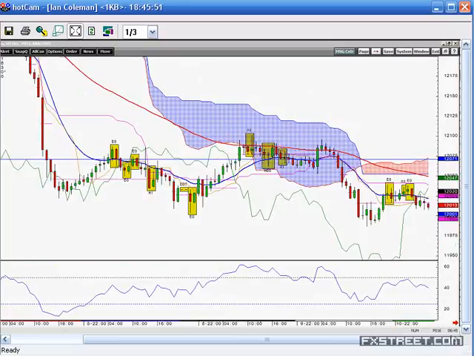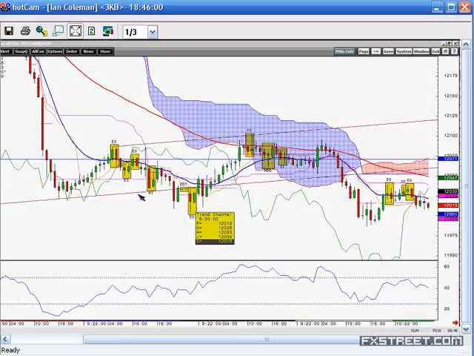Okay, it gave us at the time a head and shoulders formation. Okay, so left shoulder, head, right shoulder. Break looks fantastic. What do we need to see? We need to see a break of the neckline to get long.